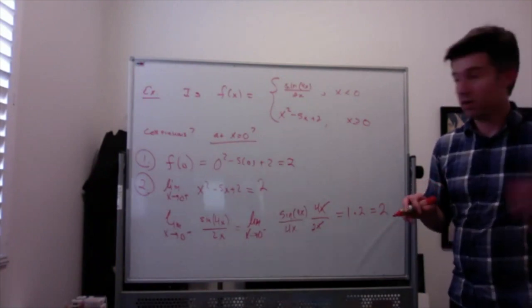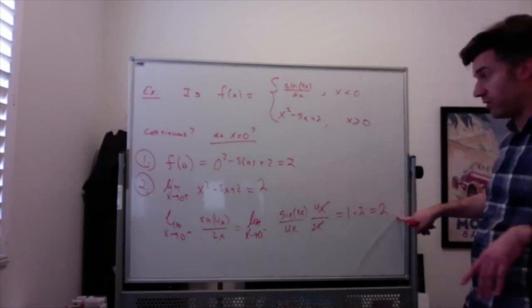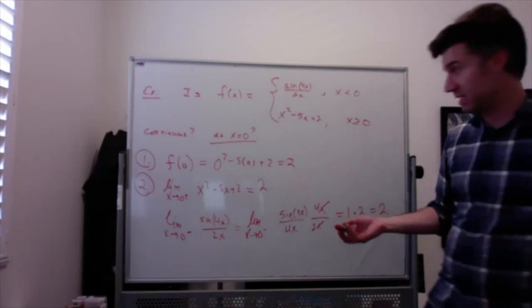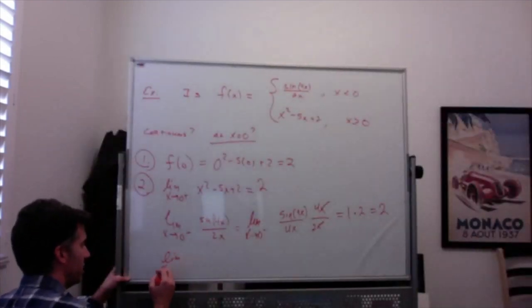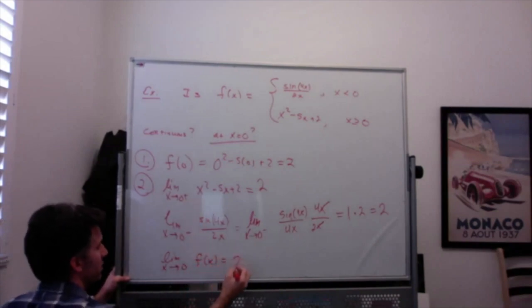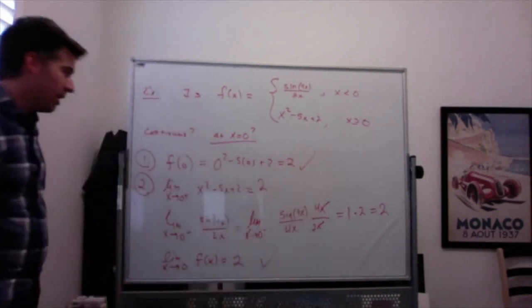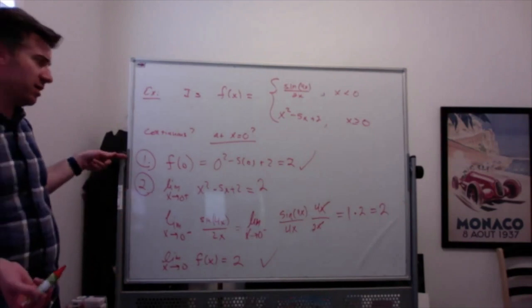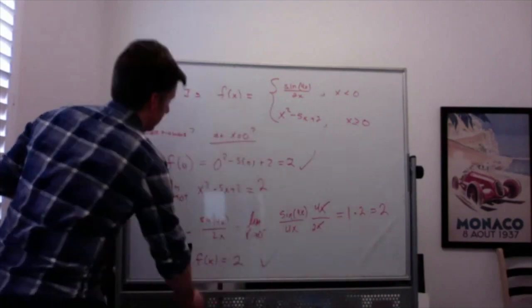So look, the limit from the right is 2, and the limit from the left is 2. Since the limit from the left and the right are the same, the overall limit does exist. So we can say the limit as x approaches 0 of this function is 2. And then the third part, which is where we make our decision, we say, yeah, the function value and the limit are equal. So I'm going to erase the top part here.